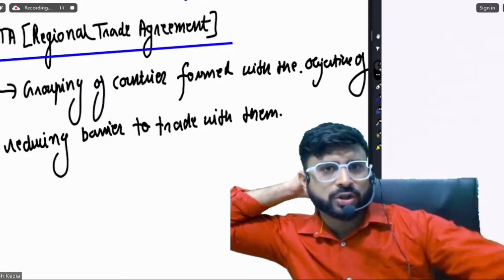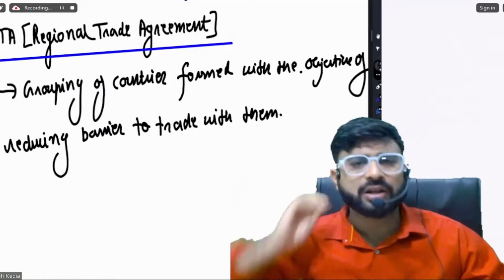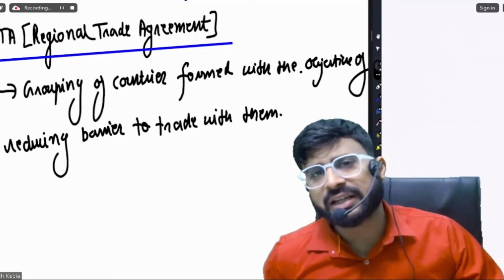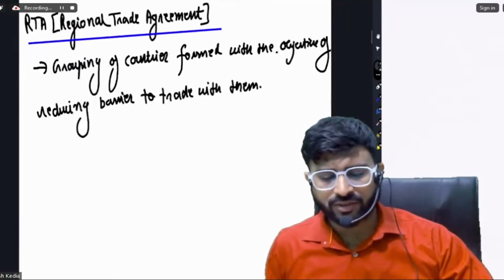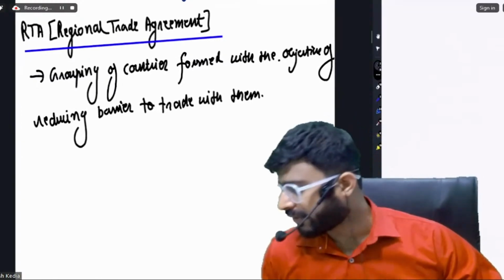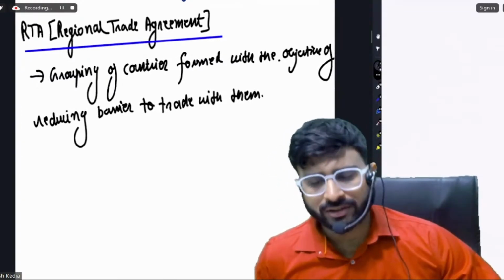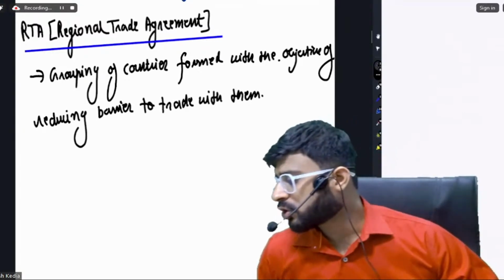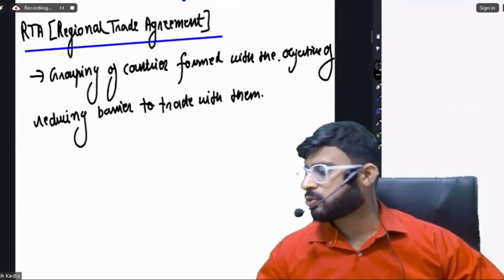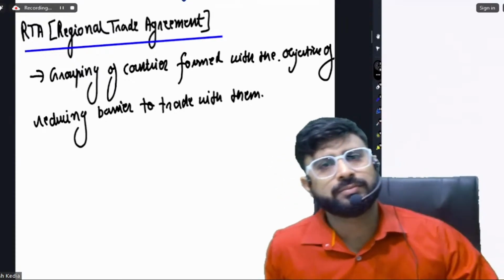बीच की दीवार तोड़ देना जिससे ट्रेड और फ्रीली हो सके, उसे रीजनल ट्रेड अग्रीमेंट कहते हैं. Is that clear, friends? That is regional trade agreement: a grouping of countries formed with the objective of reducing barriers to trade between them.